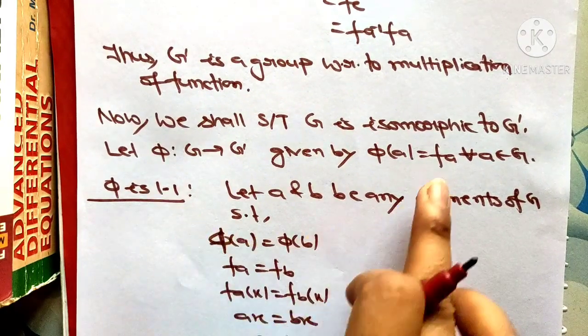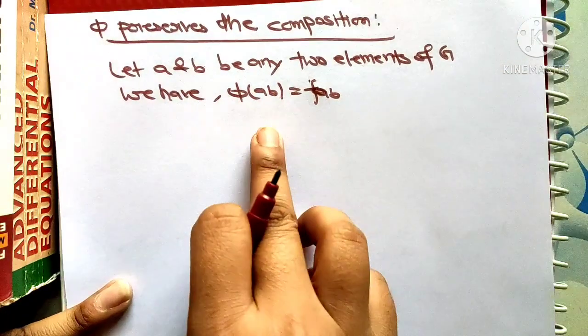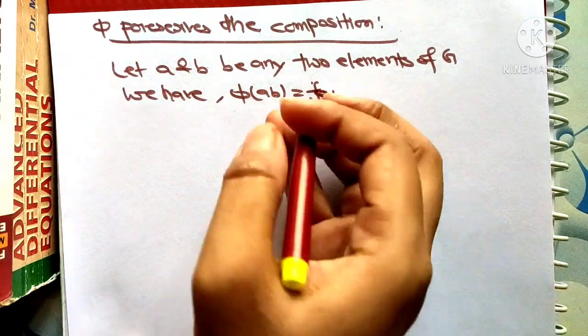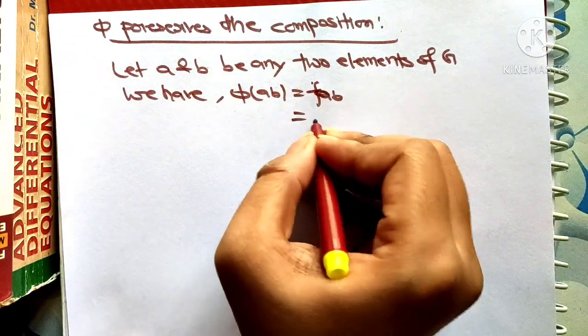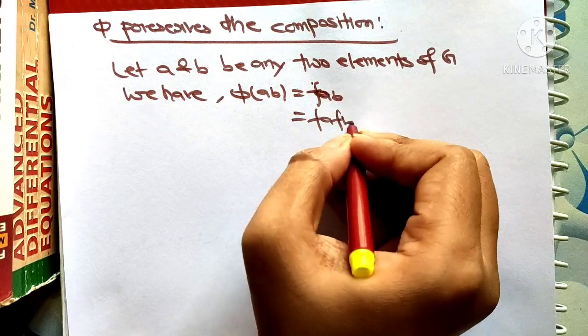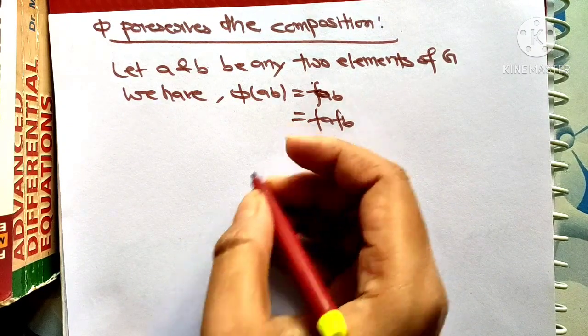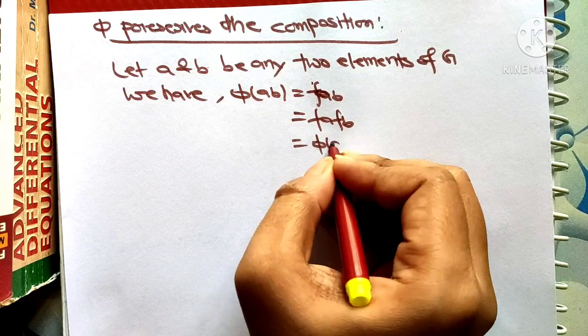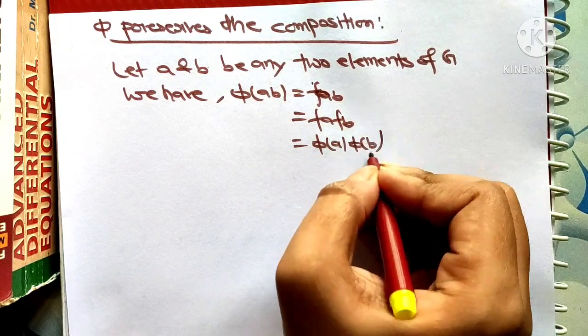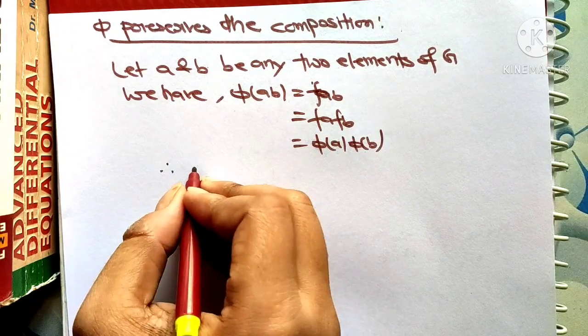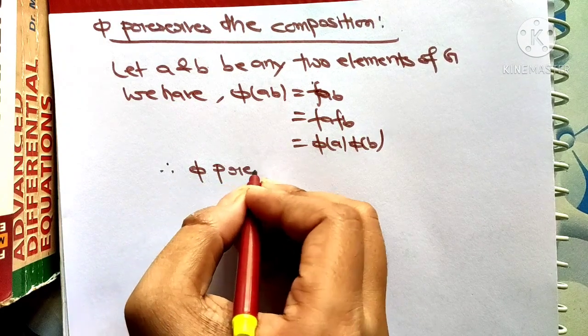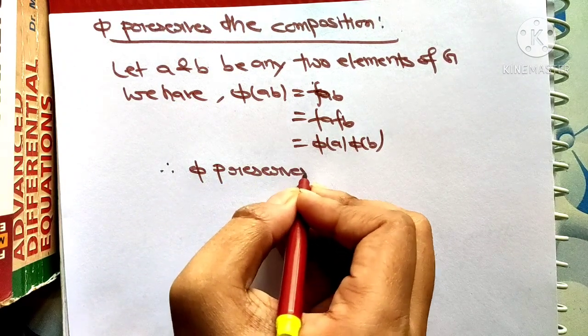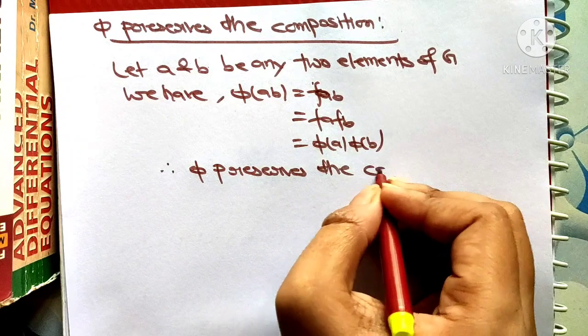We defined the mapping as phi of A is equal to f of A, so we can write f of A, f of B. Earlier we proved this by the closure law. This will be written as phi of A, phi of B. Therefore phi preserves the composition.